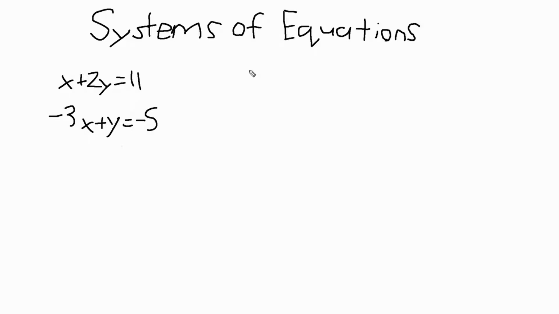And then for the second one, it's going to be 4x plus 2y is equal to 14, and then 3x minus 5y is equal to negative 22.